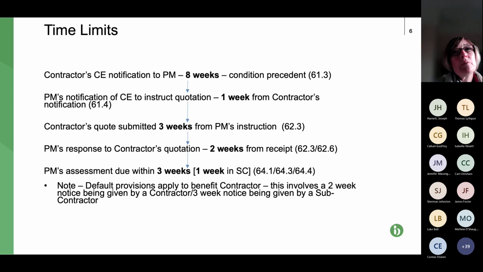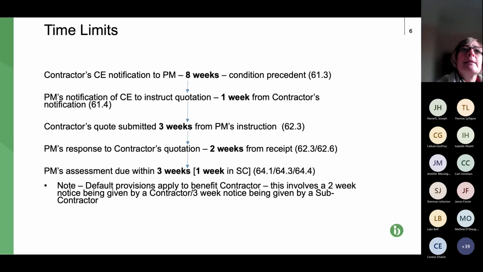So potentially they would also have to pay liquidated or delay damages to the client, stroke employer. So, you know, this is a really, really onerous clause for this reason. So that's the first thing to note.